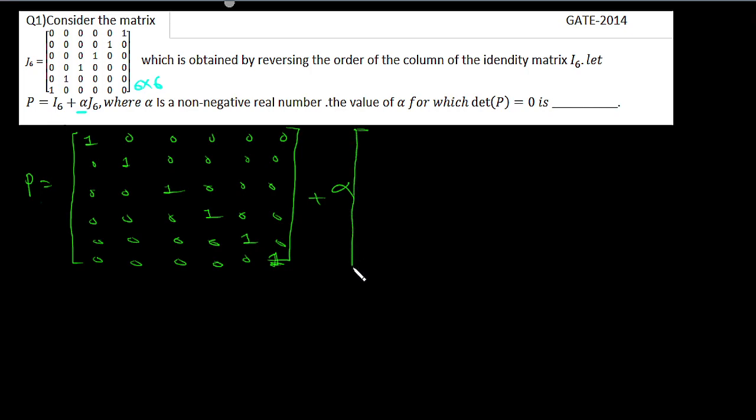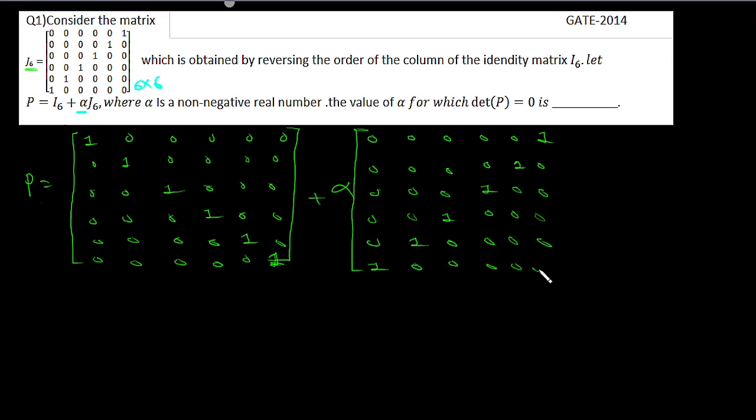Let's write this J6 matrix here as it is. Now let's do the addition of both matrices. So what do we get?